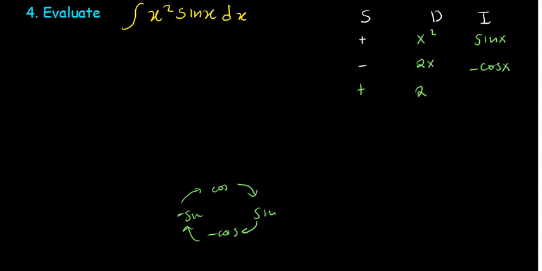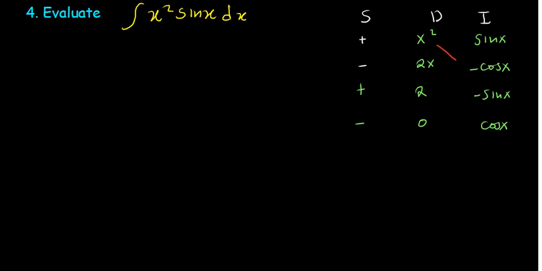We integrate negative cos, we're going to get negative sine, and then a negative. If we differentiate 2, we're going to get a 0. Now we integrate negative sine, we're going to get a positive cosine. So we'll end there since we have got a 0 on the derivative part. And we'll be multiplying them in that manner.